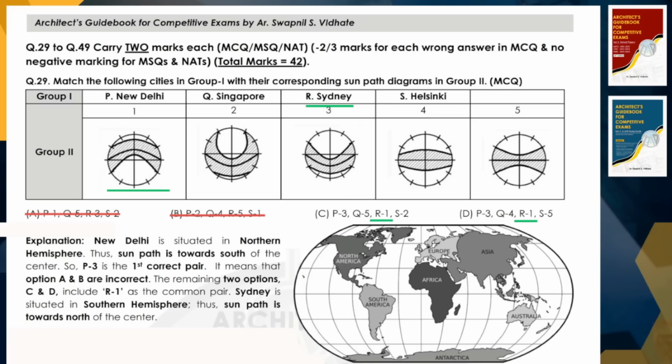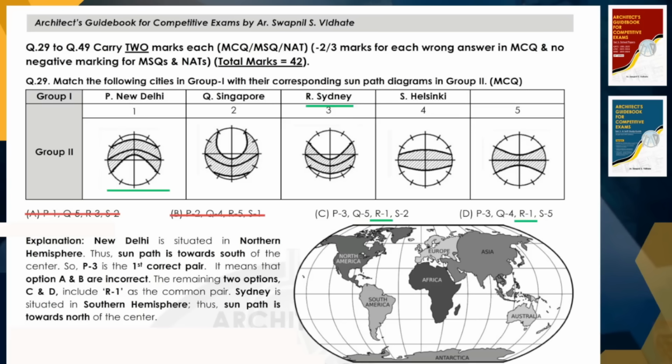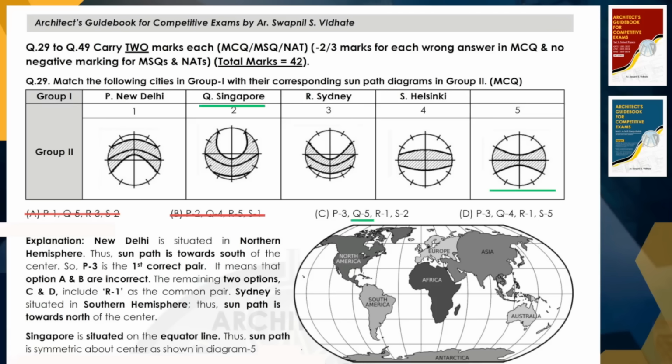So the sun path will be towards the north of the center, right? So here for Sydney, R1 is the correct pair and it is the common pair they have mentioned in option C and D, right?